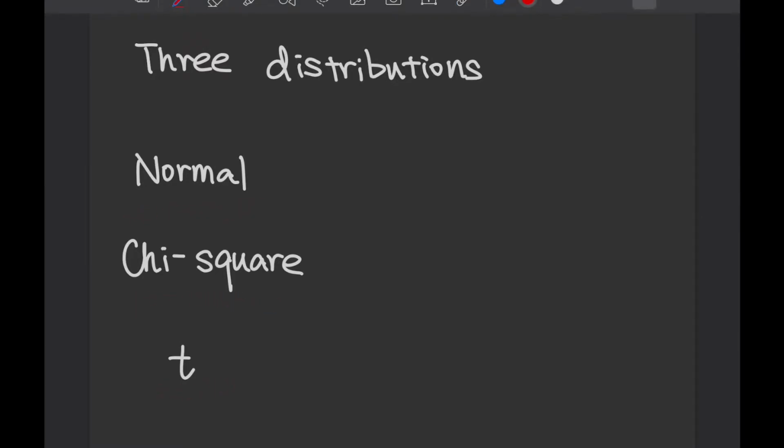For the normal distribution, all we need to know is that there is a special case called the standard normal, which has a mean of 0 and a standard deviation, or a variance, of 1. Alright.